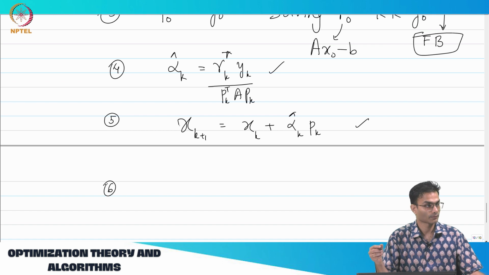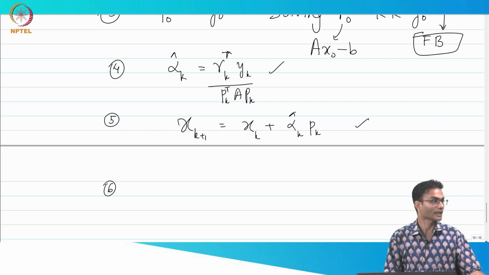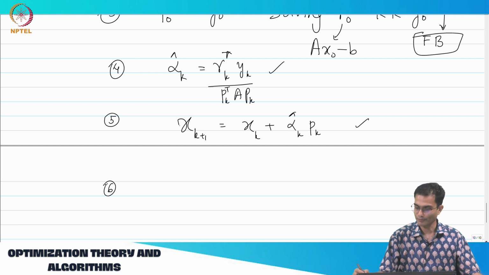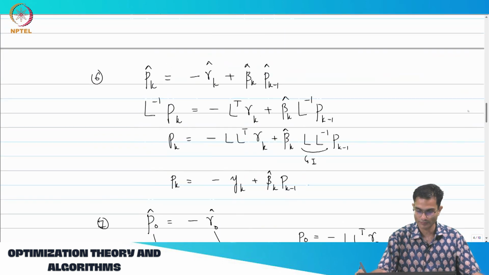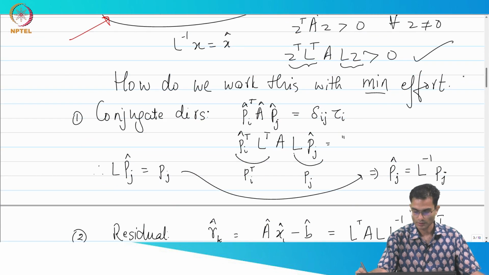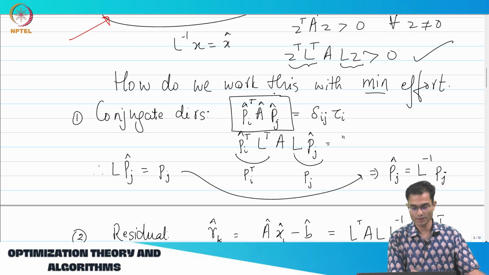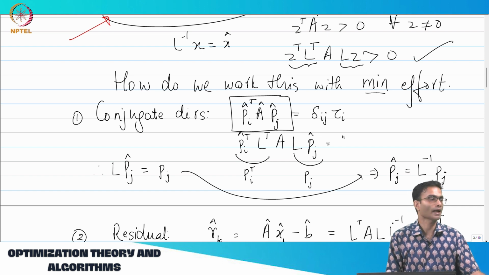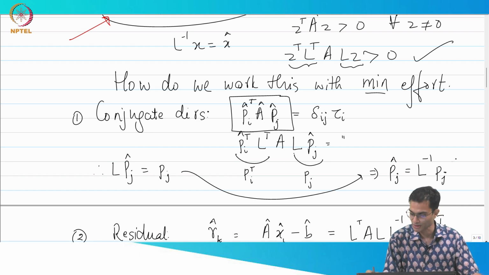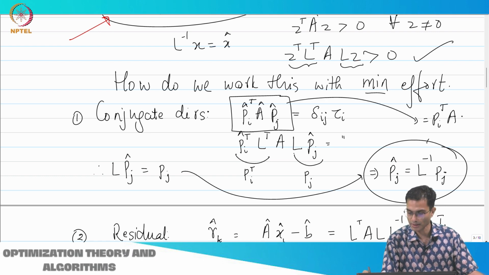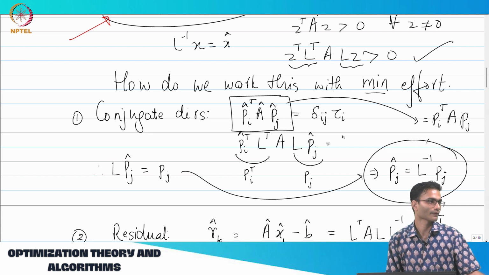What will be the A which you are using? The original A, that is what we worked out. We can do more work, but we do not like to do more work. This is the original A. When we started with the very first step, originally this expression P hat transpose A P hat would appear everywhere, but with this choice, this expression would be simply equal to P i transpose A P j, if you substitute it, right.